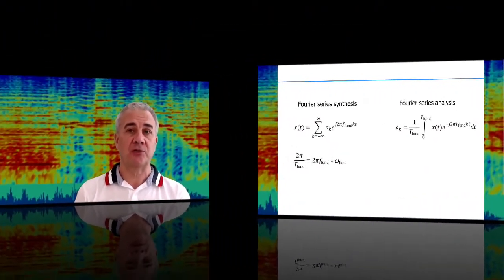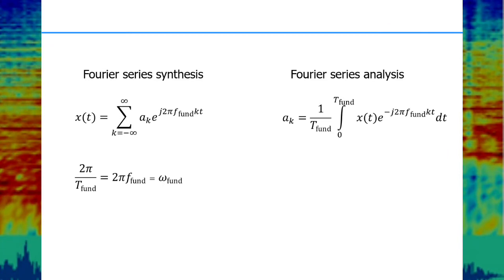The Fourier series are not useful to us because they assume periodic and continuous time signals. Let us try to remove those assumptions. Here is the formulation of the Fourier synthesis and analysis expressed in Hertz frequency and radial frequency. First, for non-periodic signals, we can also say that the fundamental period is infinite.